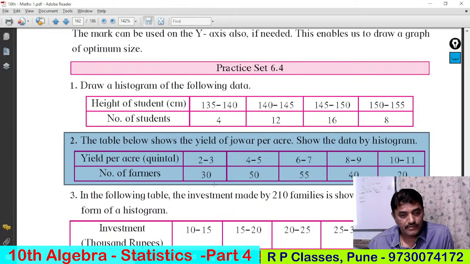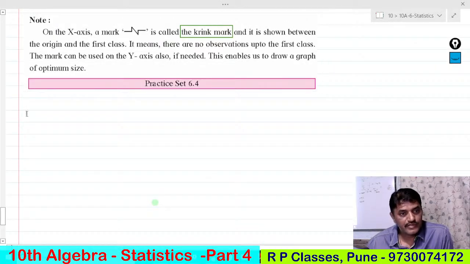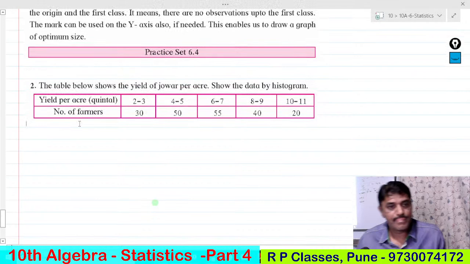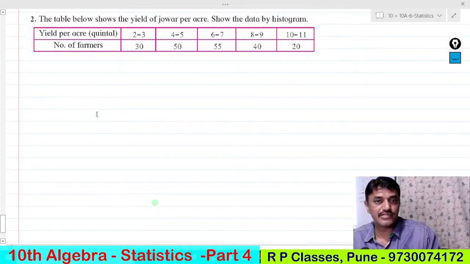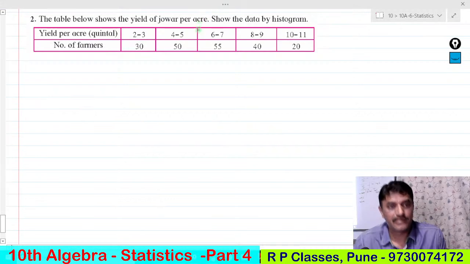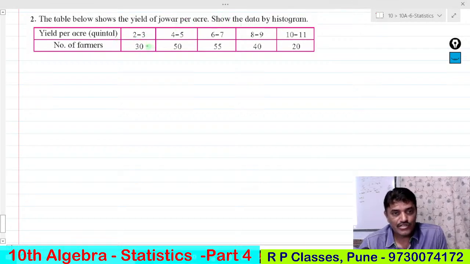I'll continue. So I'll go for the second question. The table below shows the yield of jowar per acre. Let's do this first, okay. Show the data by histogram. Now here the class is not continuous.